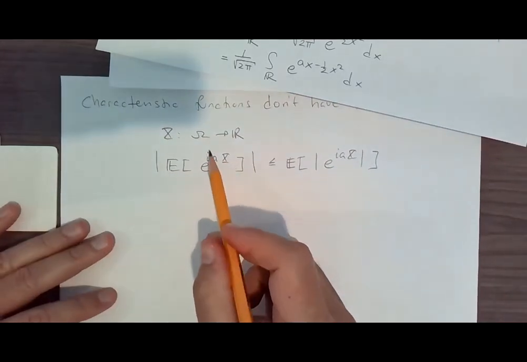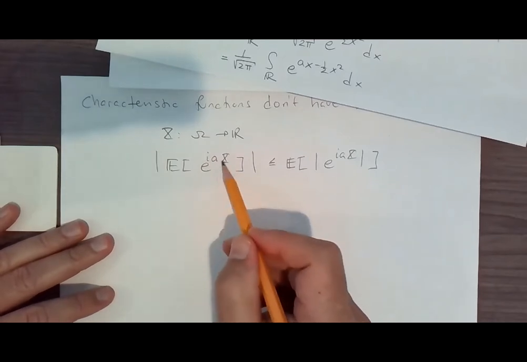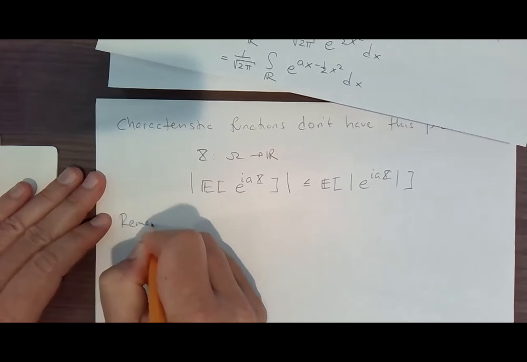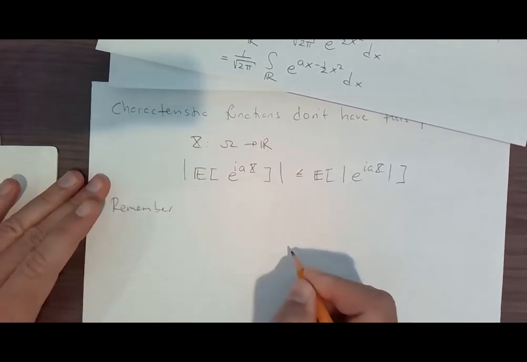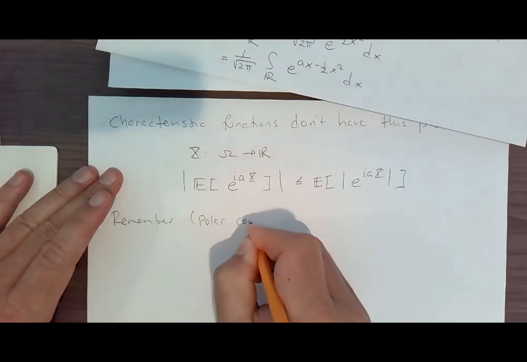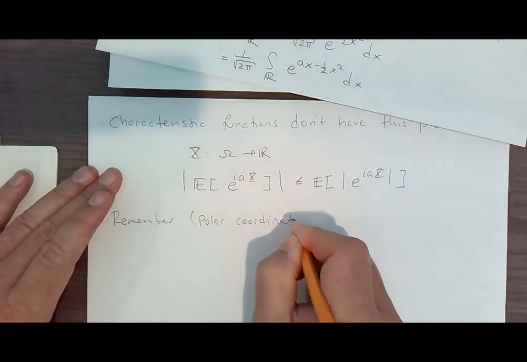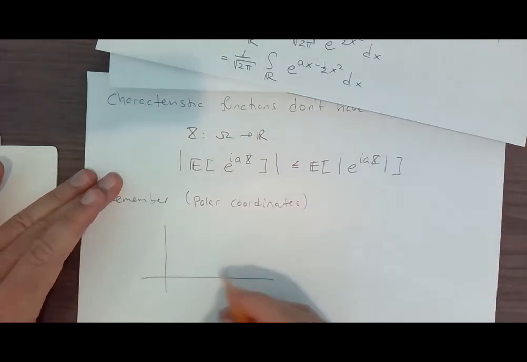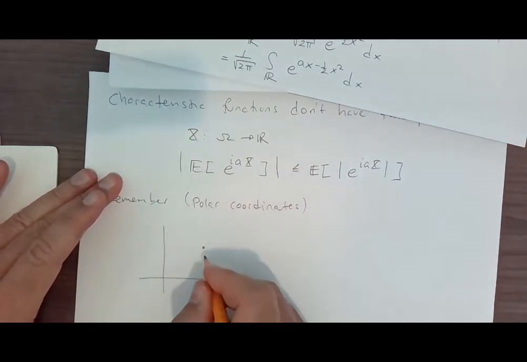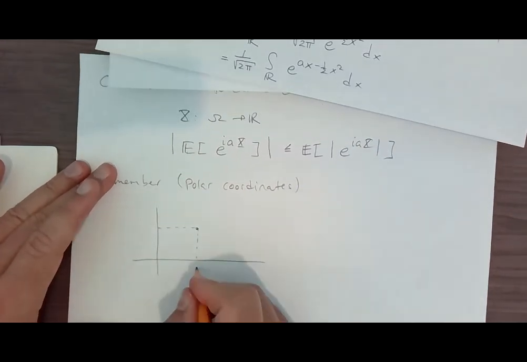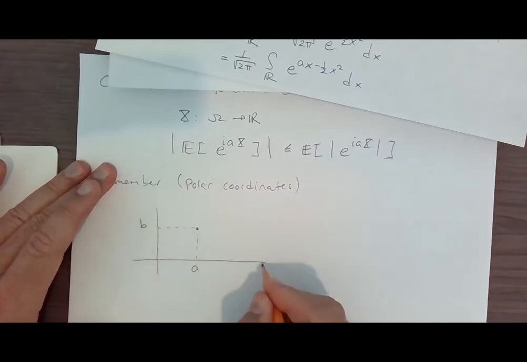So we need to remember what is this number up here, right? I mean, this is some version of polar coordinates. If I take a number in R2 or in the complex plane, so I have a here, I have b here.